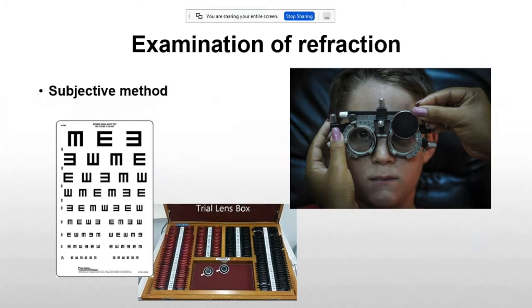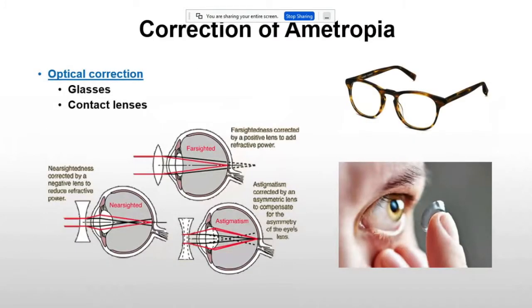But if the patient says, well, it's fine, then we put the next glass, still good. Then the next one, still good. Can see quite well. Then the next glass, it becomes worse because the focus comes in front of the retina.